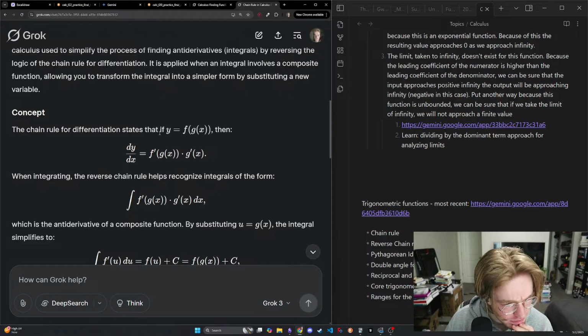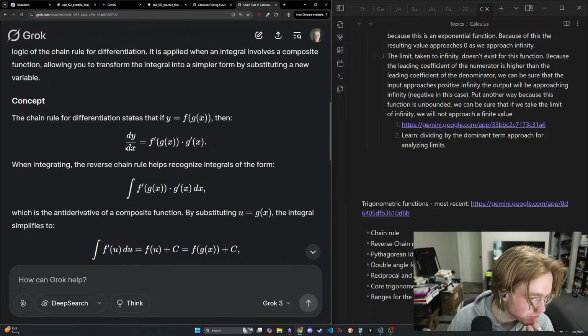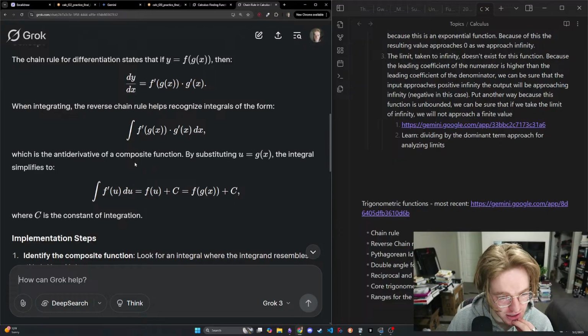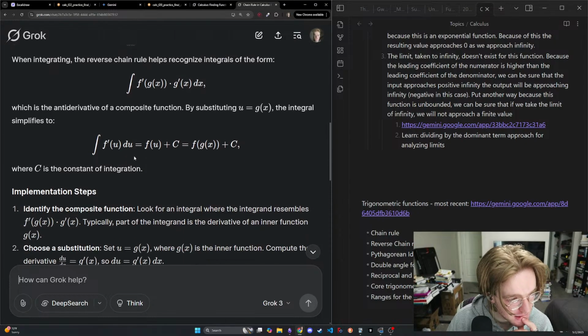The chain rule for differentiation states that if y equals f of g of x, then dy over dx equals f prime of g of x times g prime of x. When integrating, the reverse chain rule helps us recognize the integral form f prime of g of x times g prime of x dx, which is the antiderivative of a composite function.